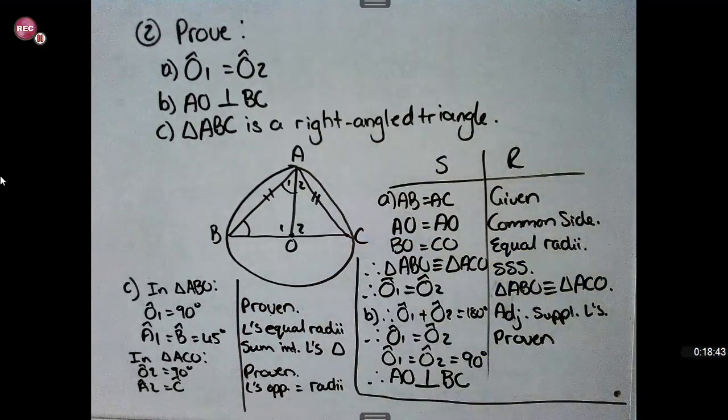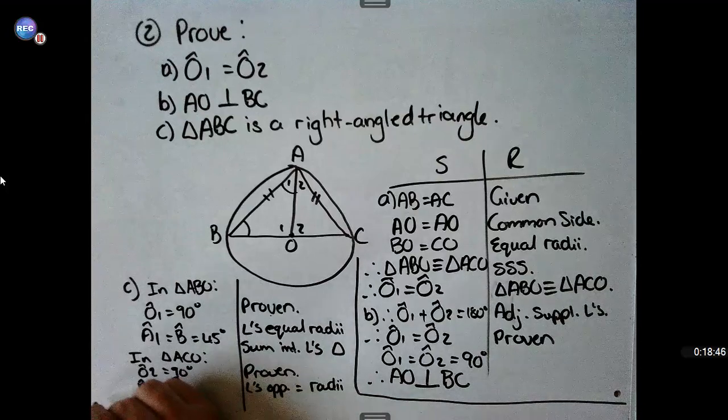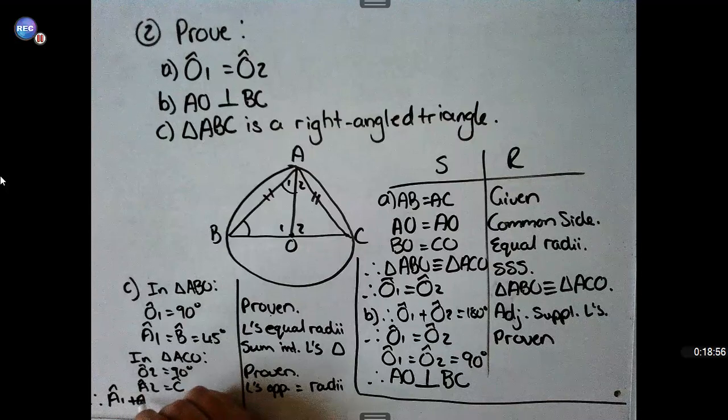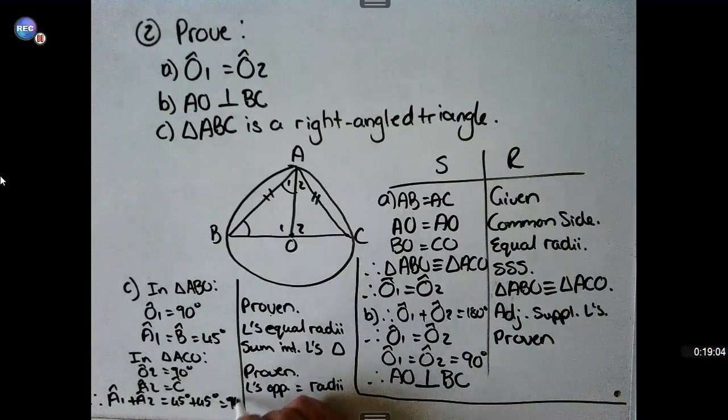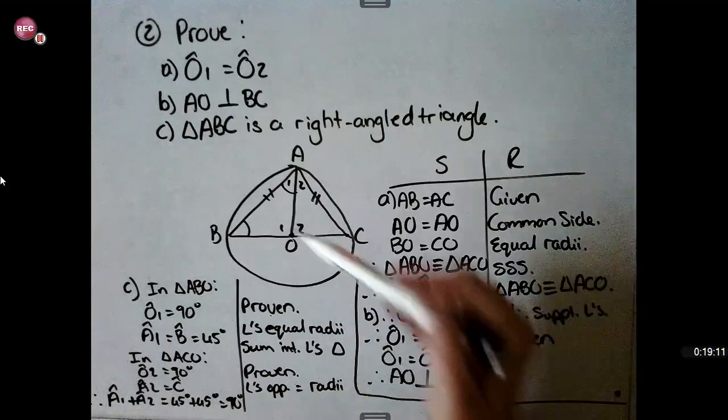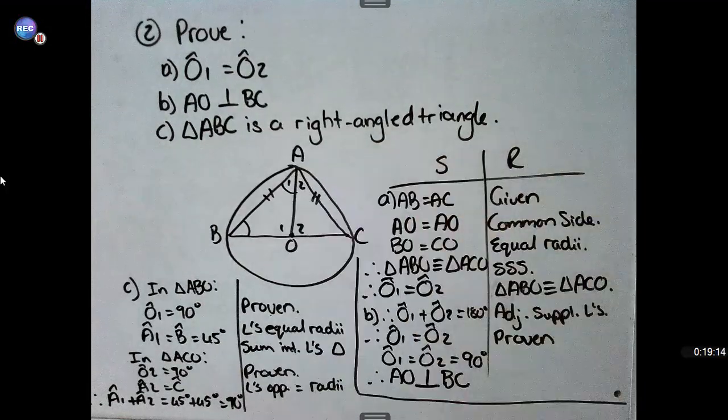So therefore, at the end, you can say, therefore, angle A1 plus angle A2 is equal to 45 degrees plus 45 degrees, which is equal to 90 degrees. Okay? And the reason for that is because the fact that A1 and A2 are 45 degrees, you proved by using the sum of the interior angles of a triangle.